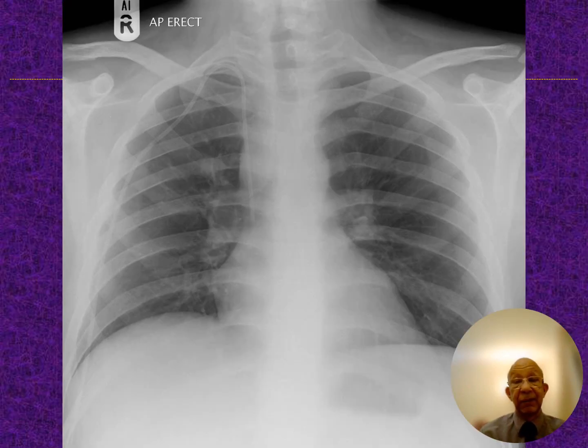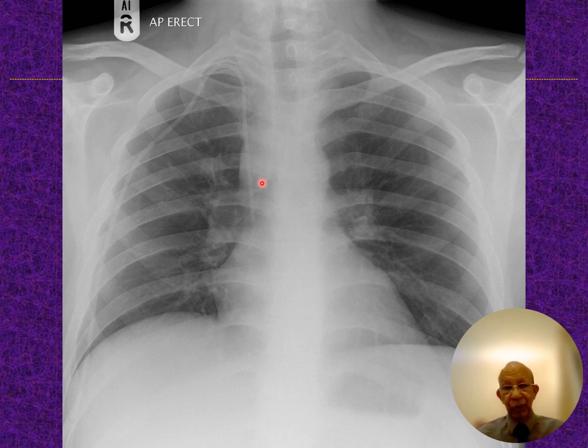Okay. Now, if you look here, this is a central line, but you can see it's further away from the trachea here, suggesting that there is a mass here pushing the superior vena cava a bit away from its normal anatomical position, and this is a right paratracheal mass.